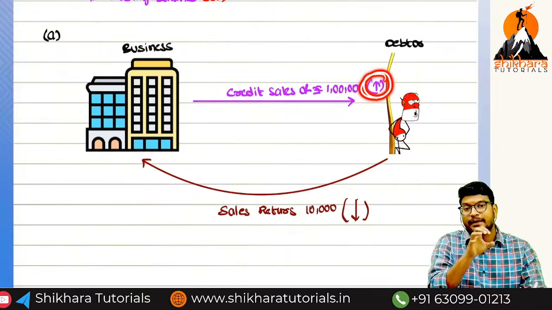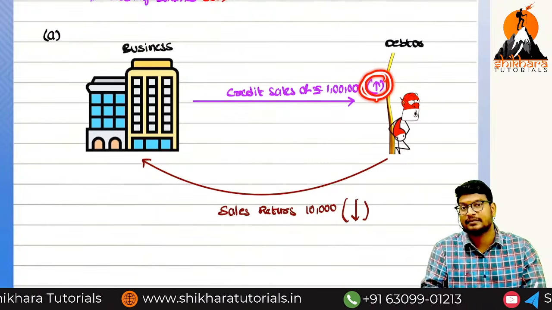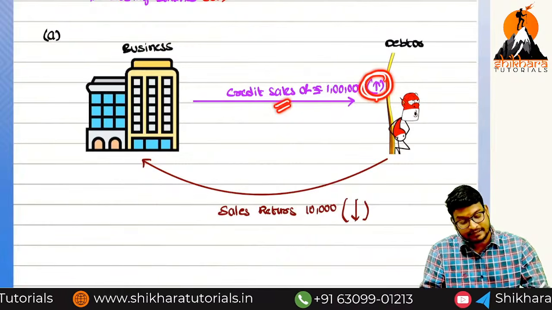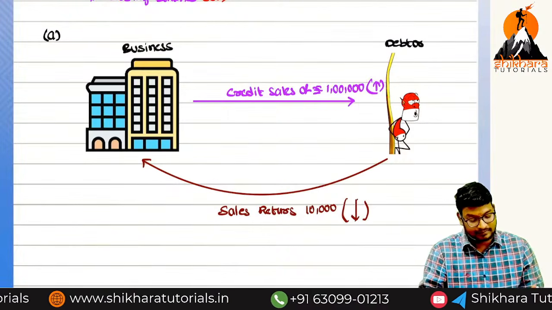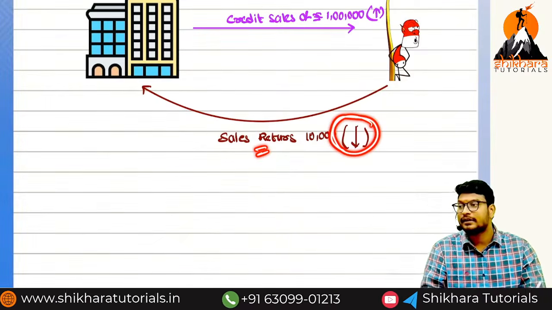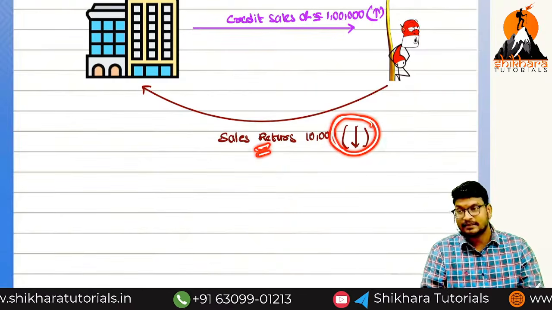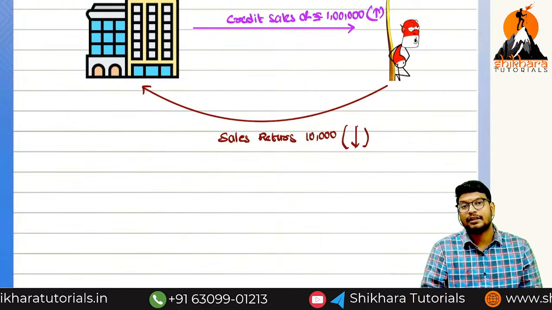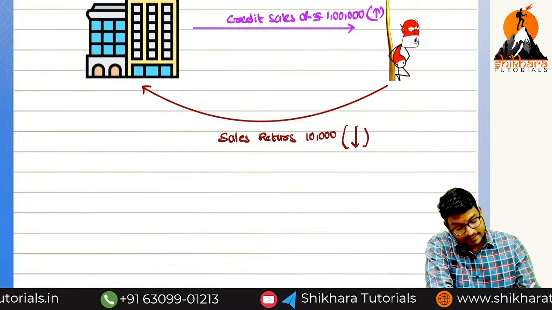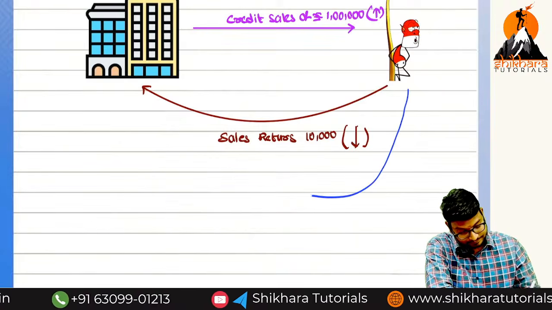Because at the time of credit sale itself, the debtor will be created in our books of accounts. And because of sales returns, the debtor value will decrease. And next, after that, he has made the payment to us.